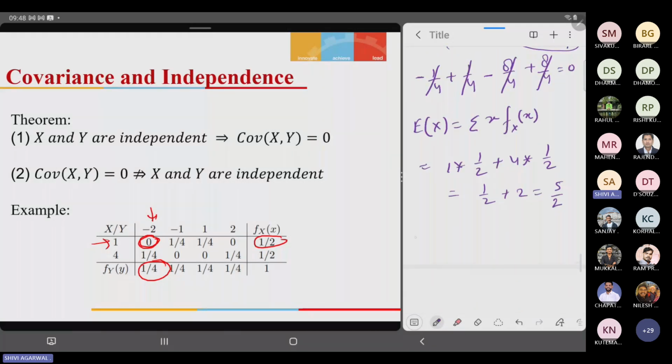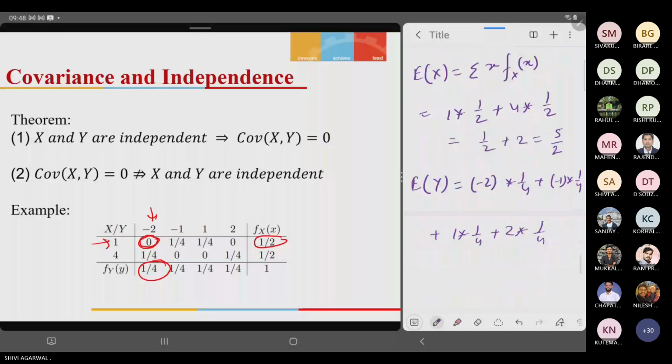Okay. Now expected value of y is what? Minus 2 multiplied by 1 by 4 plus minus 1 multiplied by 1 by 4 plus 1 multiplied by 1 by 4 plus 2 multiplied by 1 by 4. Correct? So it will become minus 2 by 4 minus 1 by 4 plus 1 by 4 plus 2 by 4. So this answer is coming 0.